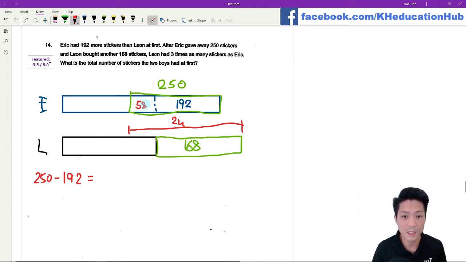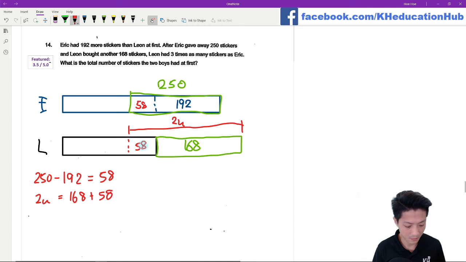So this is 58. So 2 unit is equals to 168 plus 58, right? Because if this is 58, it means that here is also 58. Which is 226. Now I can find what is 1 unit.